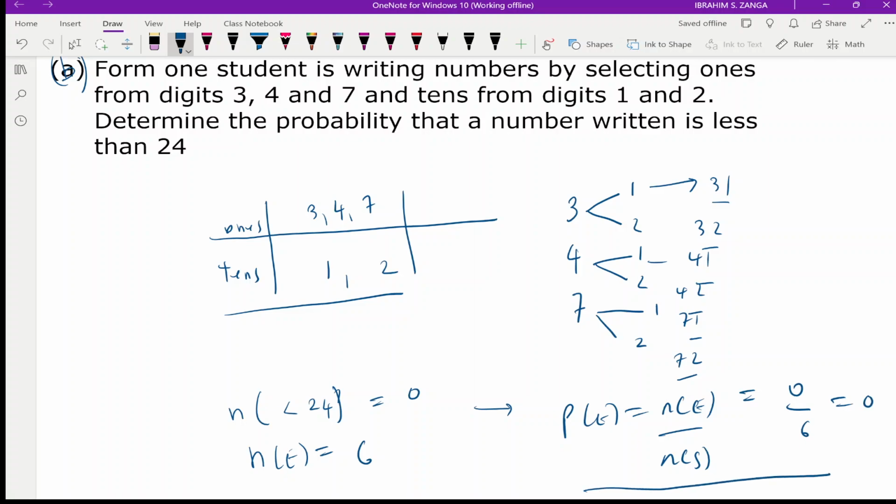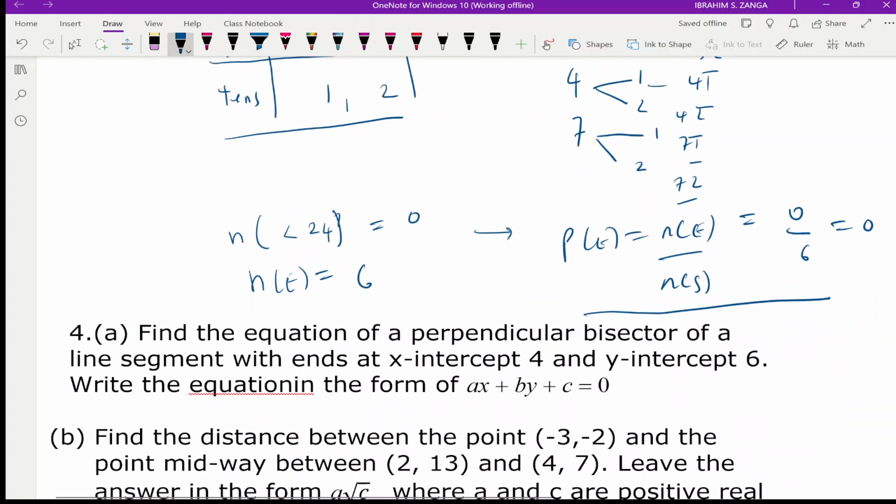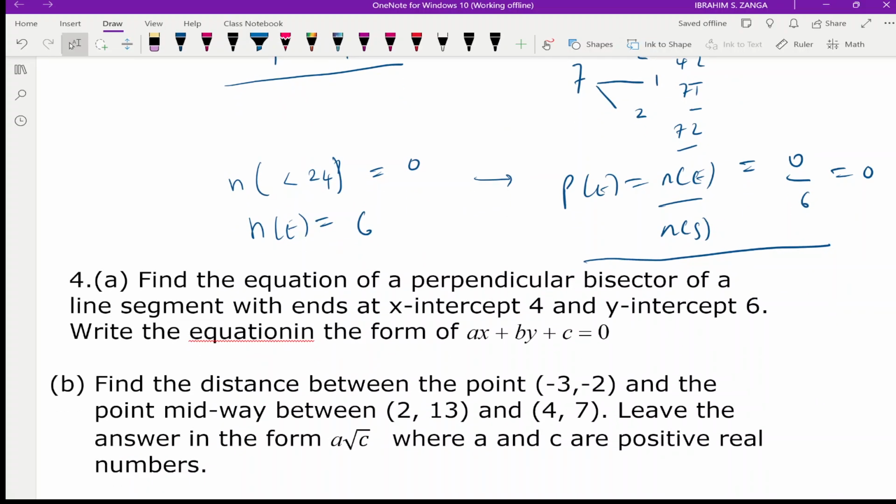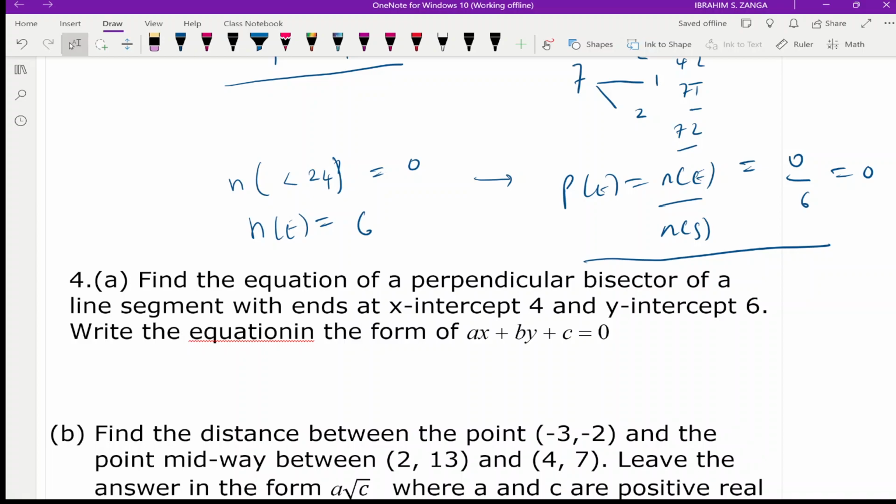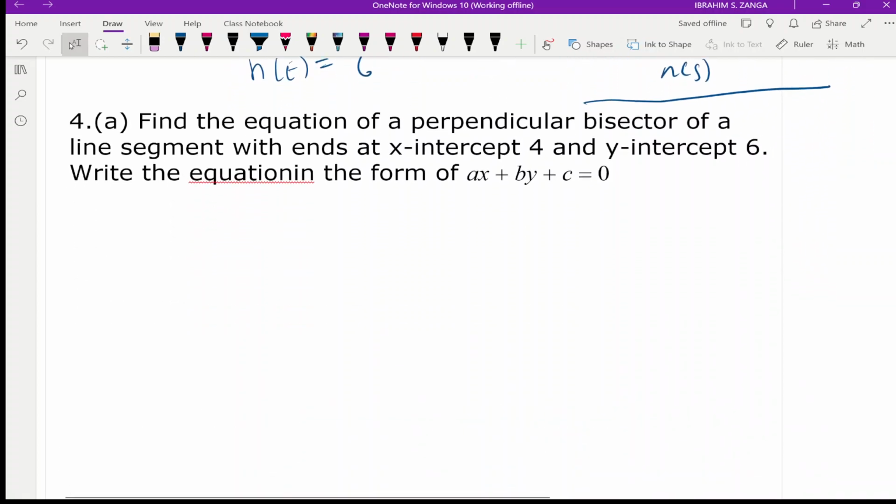As you can see, because numbers have to be written such that ones are coming from 3, 4, 7, there is no number which is going to be less than 24. Because of that, it is totally impossible to have such a number which is less than 24. So this is an impossible event, dear students.